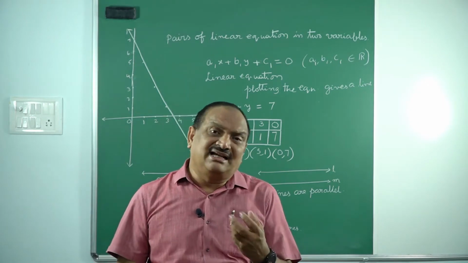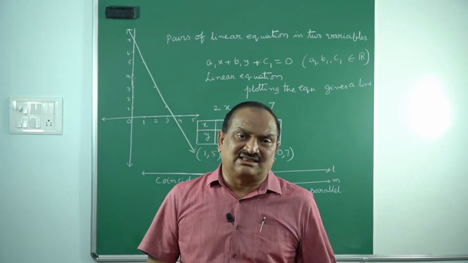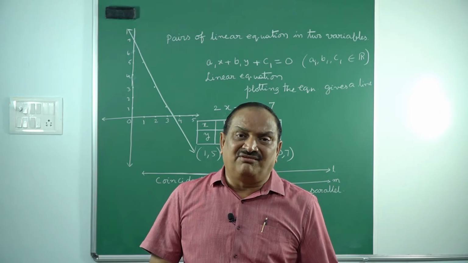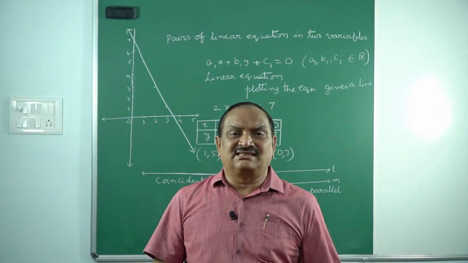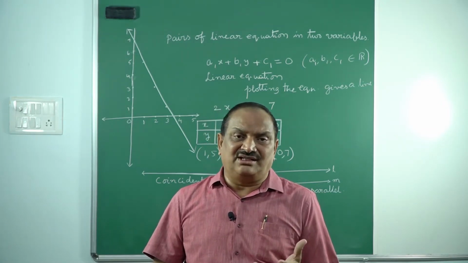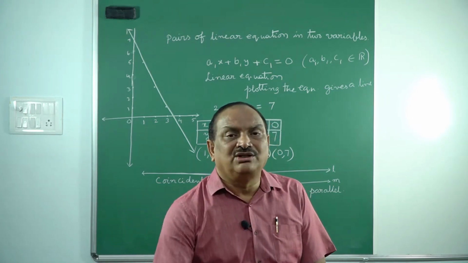But how do we recognize them when we are given equations? That's what we have to discuss now. When we are given a pair of linear equations, or you can say a system of linear equations, a system has more than one line actually.